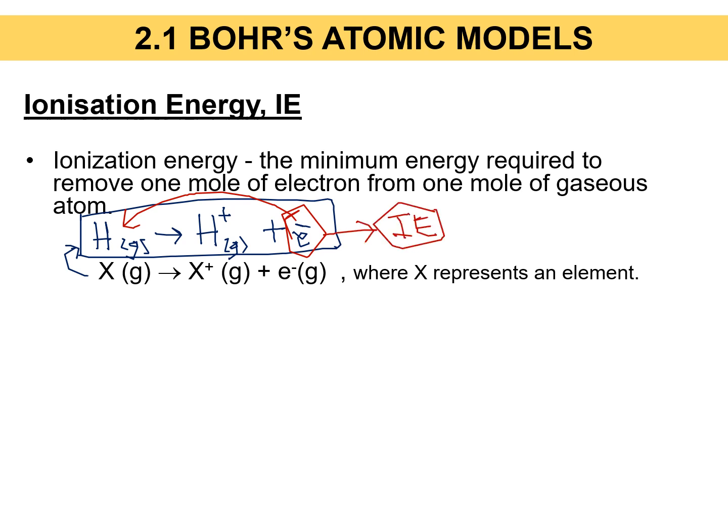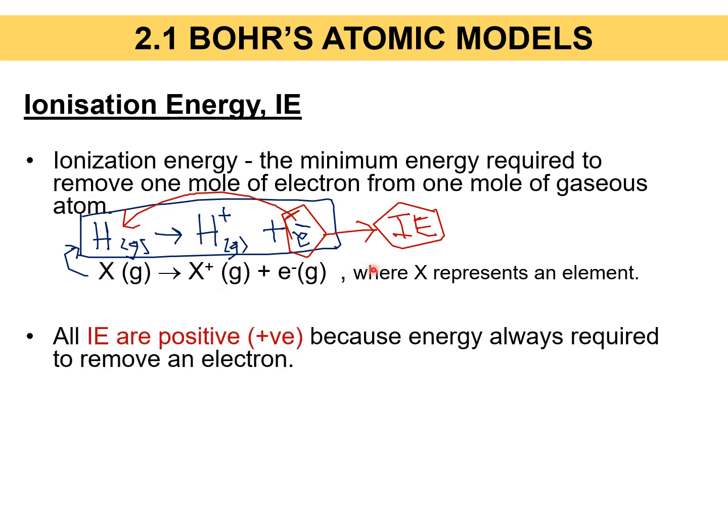Okay, basically energy yang kamu perlukan untuk remove the electron from the atom, that is what we call as ionization energy. Okay, so ionization energy ni semuanya positif sebab energy always required, sebab kita memang always perlukan energy untuk remove electron.